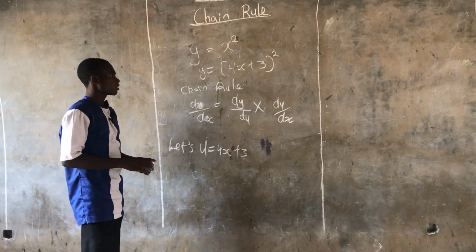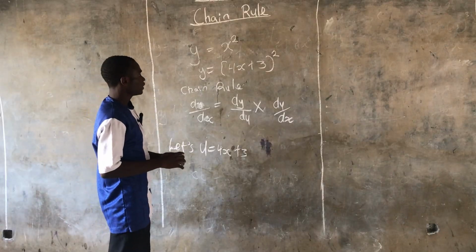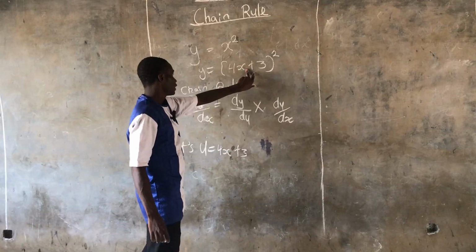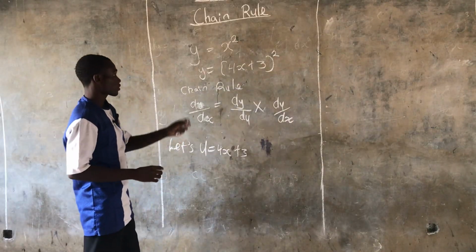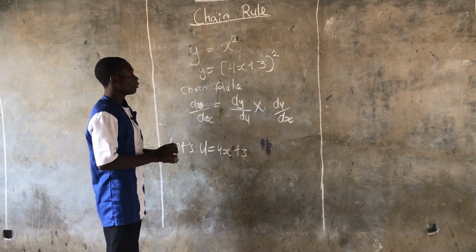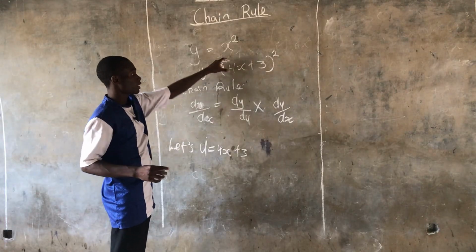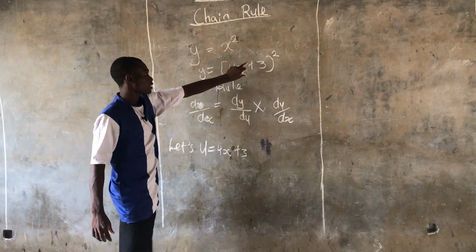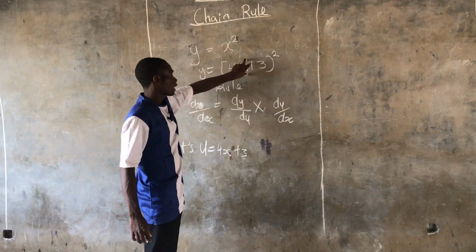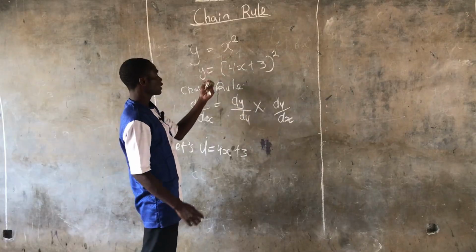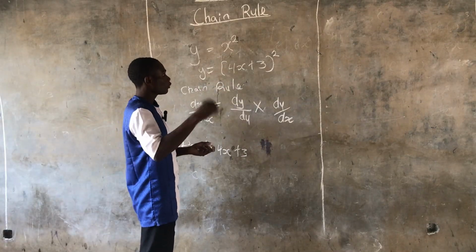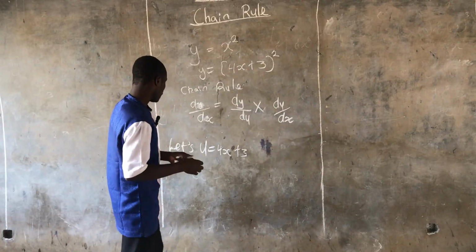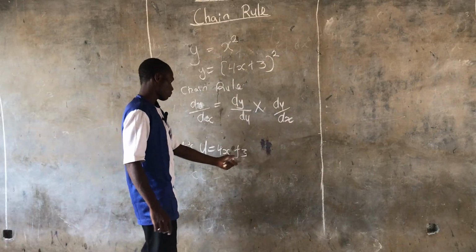We have to differentiate the inner part, then differentiate the outside part, and then multiply their derivatives. What I mean is that let u be 4x plus 3.